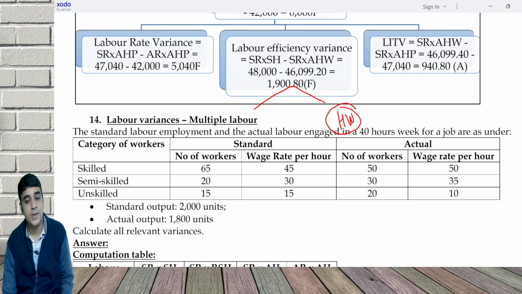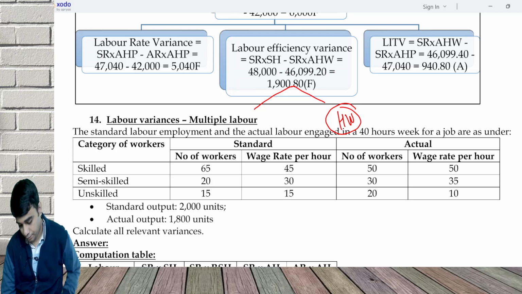How many units is equal to how many hours?